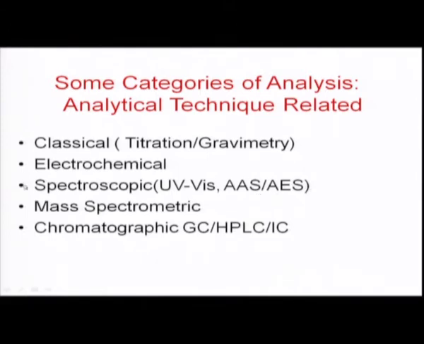Spectroscopic techniques are the ones we depend upon most heavily for water quality parameter determination. For other parameters, especially organic analysis, we have to depend on mass spectrometry and chromatography techniques like gas chromatography, high performance liquid chromatography, as well as ion chromatography, both for organic and inorganic.